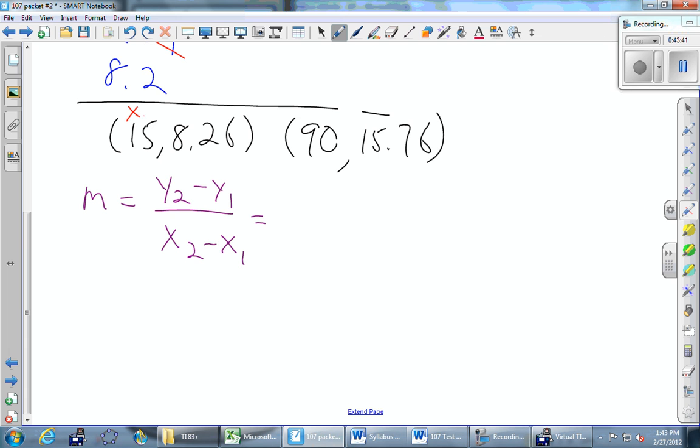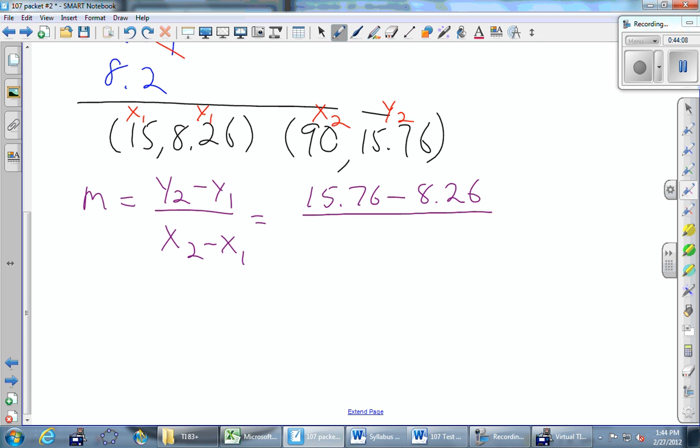I'm going to call this one x1 and y1, and this one x2 and y2, all right? So let's subtract the y's. So upstairs we get 15.76 minus 8.26. Everybody see it? Subtract the y's, divide by. Now we'll subtract the x's.